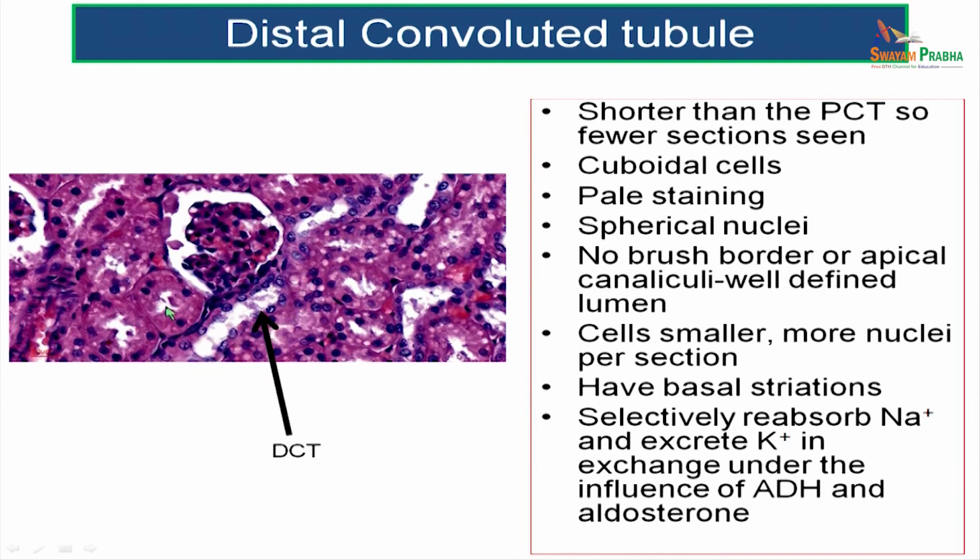Compare this PCT with DCT. Lumen is very well defined because there is no brush border. The cells are smaller, so more nuclei per section are seen. They have basal striations. What is the function of distal convoluted tubule? They selectively reabsorb sodium and excrete potassium in exchange.